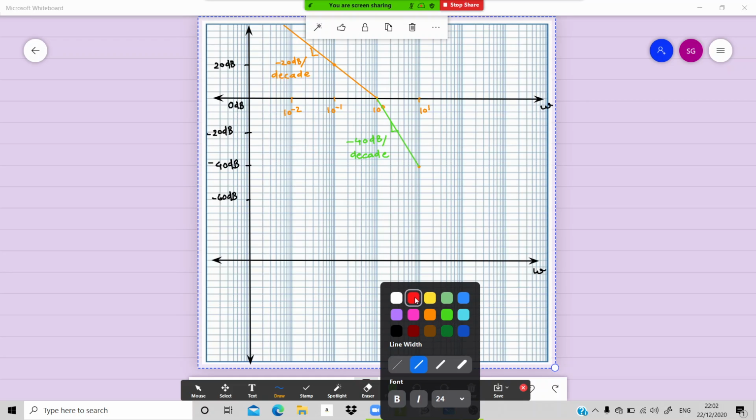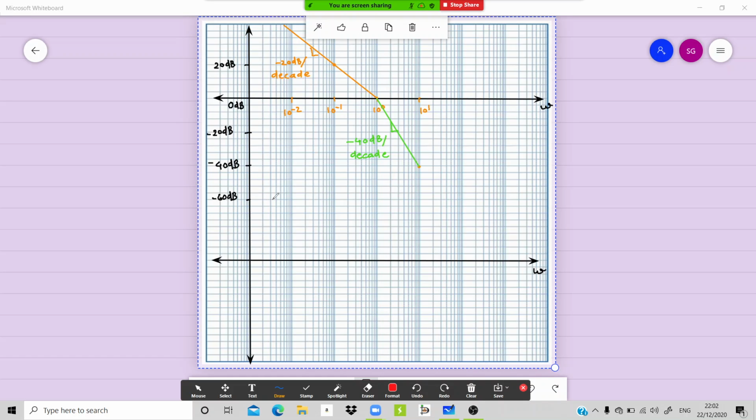So let me draw it. See, 60 is this. Correct? And now from this point, it should be with 60 dB slope, right?